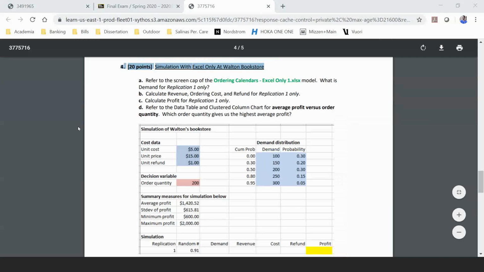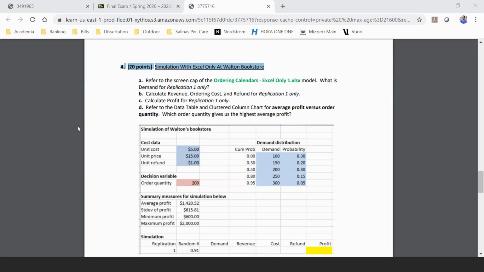Yeah, 3 questions on chapter 14, and then 2 questions on chapter 10, which we did most recently with the simulation model. So here's the practice exam, and we'll go through this right now, but the one you're going to see is going to be similar, 5 questions, same types of examples.